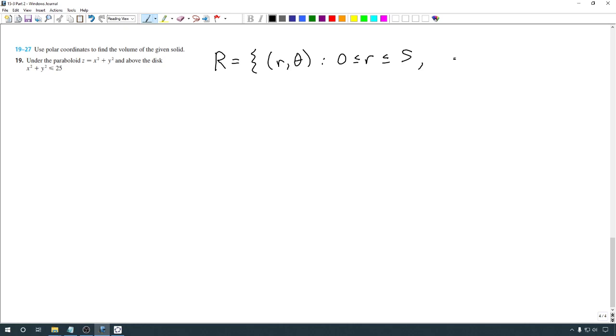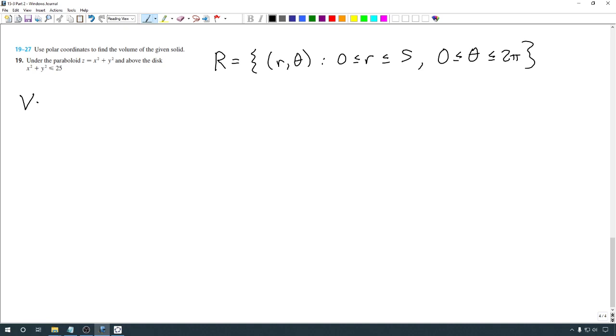Of course, because we're going around the entire disk, our theta will just take from 0 to 2 pi. A very simple polar rectangle, which is the whole point. This disk would actually be kind of annoying to work with if we were not dealing with polar coordinates. But in polar coordinates, it's very simple.